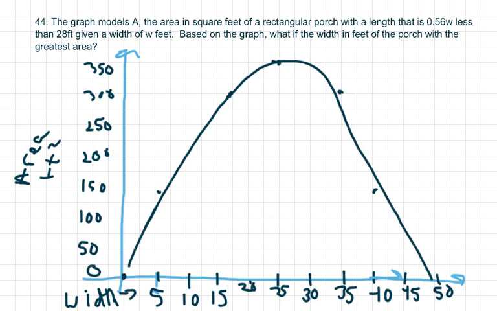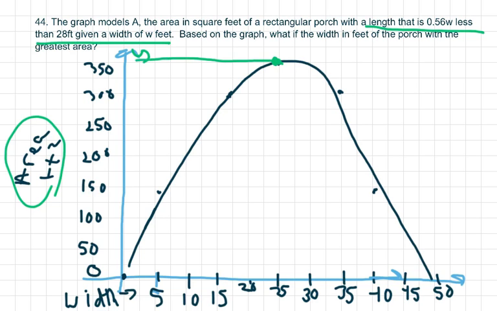All right. This is written so complicated, and they give you the length that is 0.56 width less than the 28 feet. And they want to know what is the width in feet of the porch with the greatest area. So here's your feet on your y-axis. And here is my greatest area here. My greatest area is at my maximum.